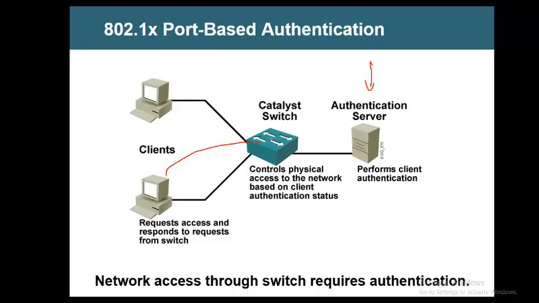When the username and password is given, the switch will go to the authentication server, get the approval. If it is approved, the network access will be provided. So that's .1x. .1x is a protocol.